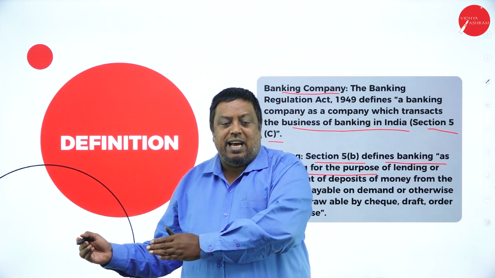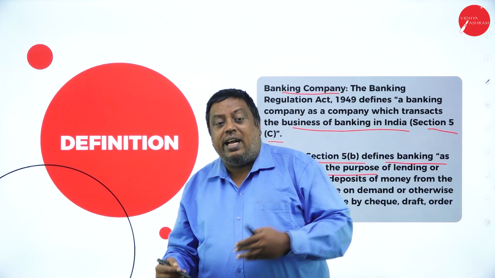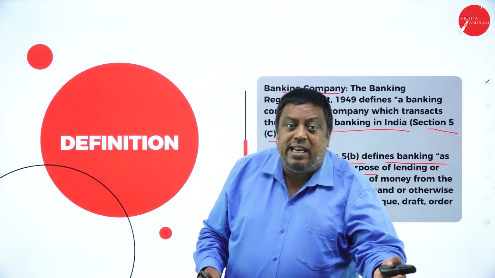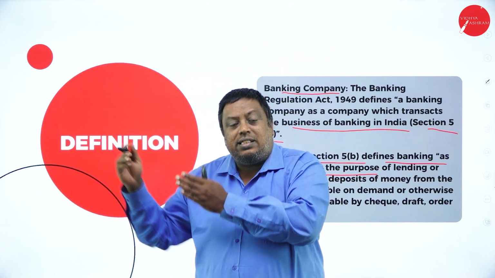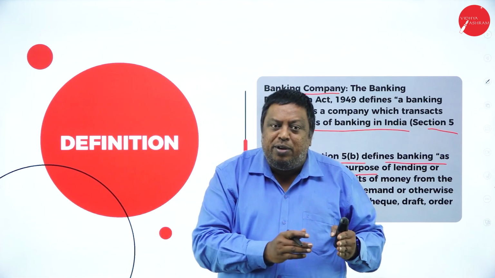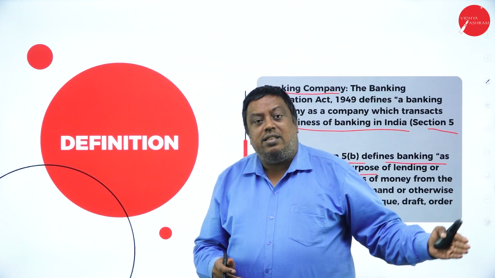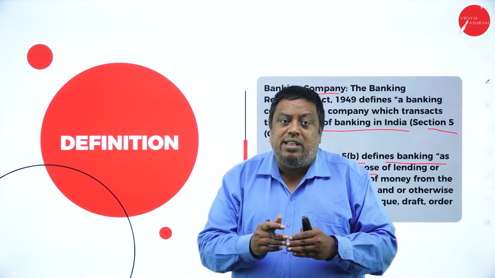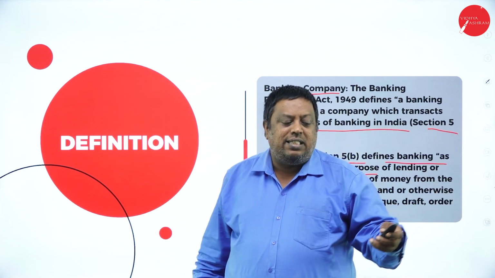For example, if I want to start a business and I require funds, I can approach the bank and get financial support. The amount deposited by the public is distributed as a loan to the needy person, charging certain interest for a certain duration with certain documents.